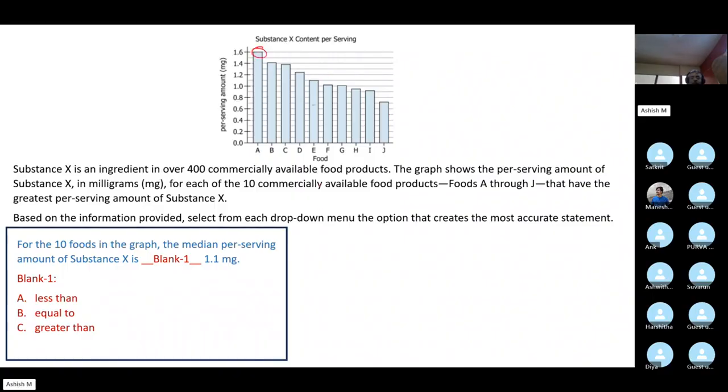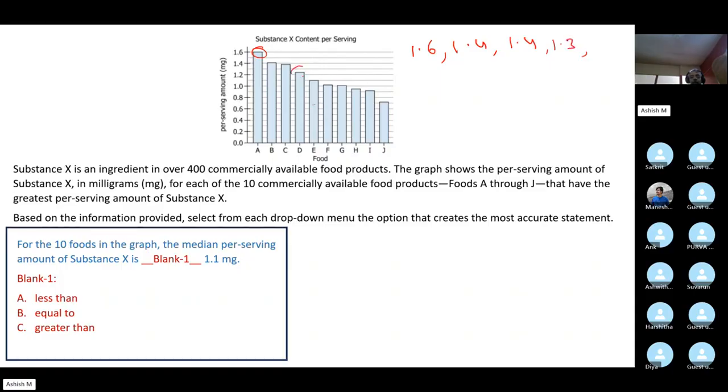Correct? So if we were to arrange the amount of X used in 400 commercial food products in a descending sequence, it would be 1.6, 1.4, almost 1.4, 1.3, correct?